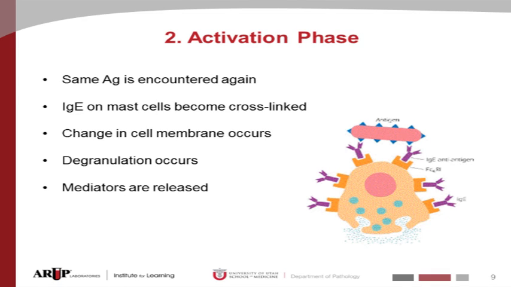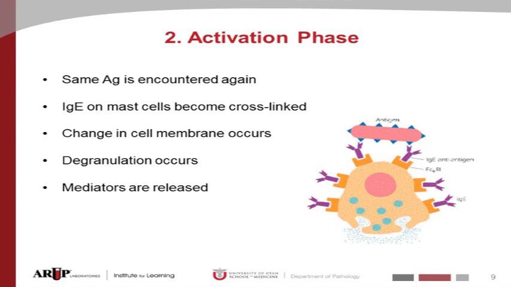The second phase of type 1 hypersensitivity is the activation phase. This is on second exposure to the allergen. If the IgE molecules are close together on the mast cells, the antigen can cross-link them, and this triggers changes in the cell membrane of the mast cell.